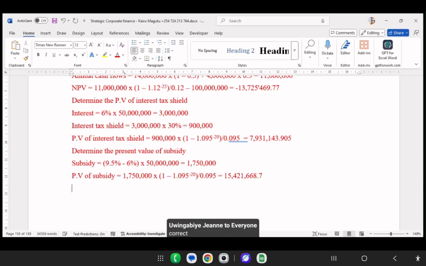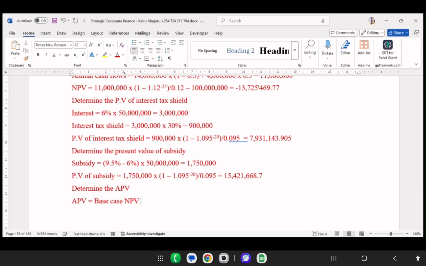We are not given any flotation cost, so we determine the APV. We say that APV is equal to base case NPV.